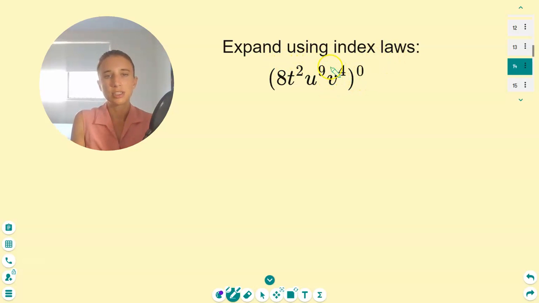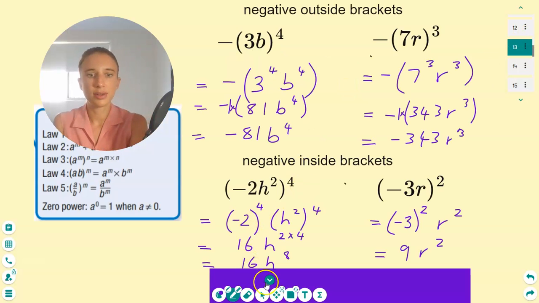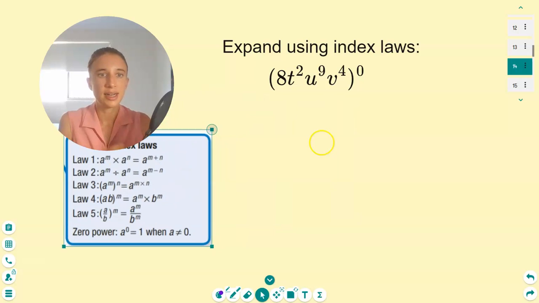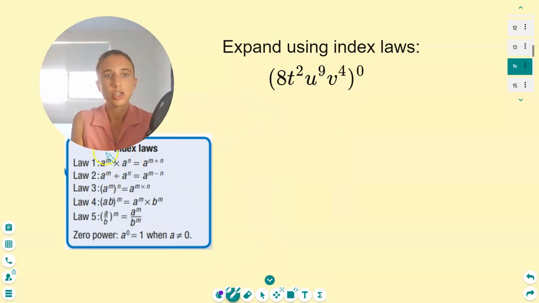Expand using index laws. So this one, we'll need our little thing here. This one's an interesting case, and it actually makes things really easy. So have a look at these index laws. Which one might apply? That's correct, the zero power law.